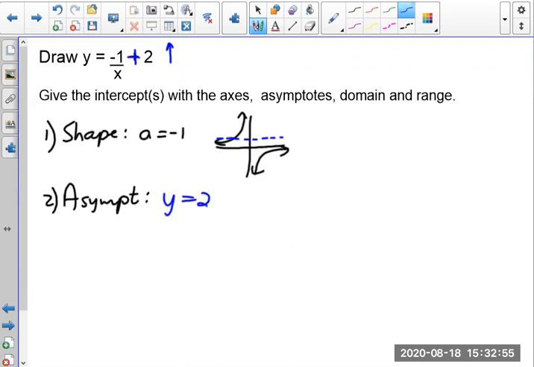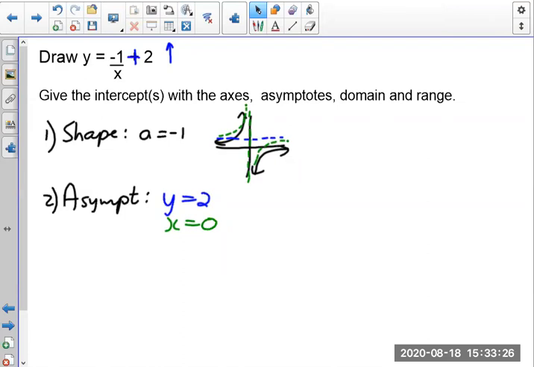My x asymptote remained the same. That vertical asymptote remained the same. So that's still x equal to 0. Because the whole graph moved up, it means this half will also move up and this half will also move up.